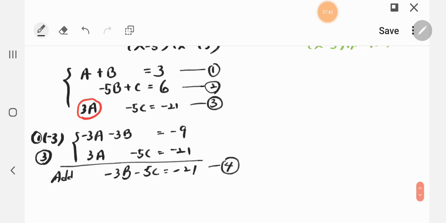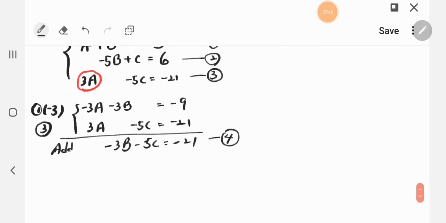Then let's use equations 2 and 4 because they have variables b and c.